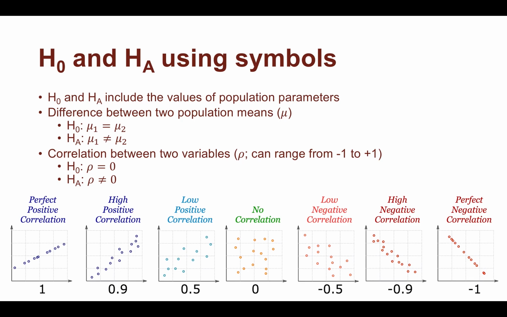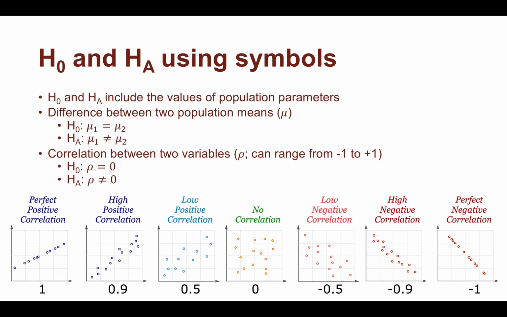We can also represent null and alternative hypotheses using symbols that are specific to, again, the statistical test that's being done. Null and alternative hypotheses should be written with the values of the population parameters. So for example, if we're looking at the difference between two population means, like the mean for boys and the mean for girls, we could use the numbers 1 and 2 to represent those two groups of people.